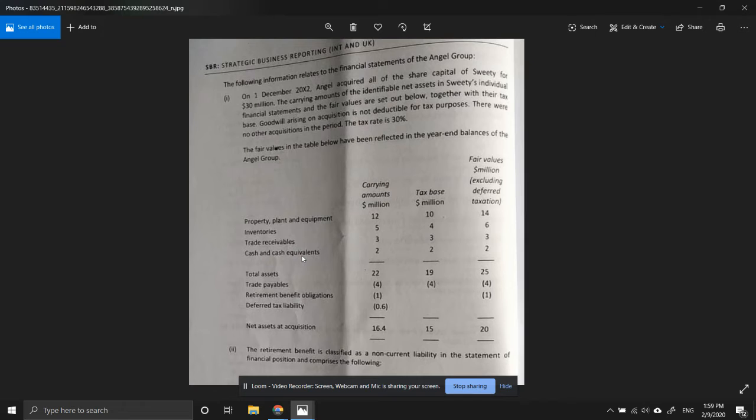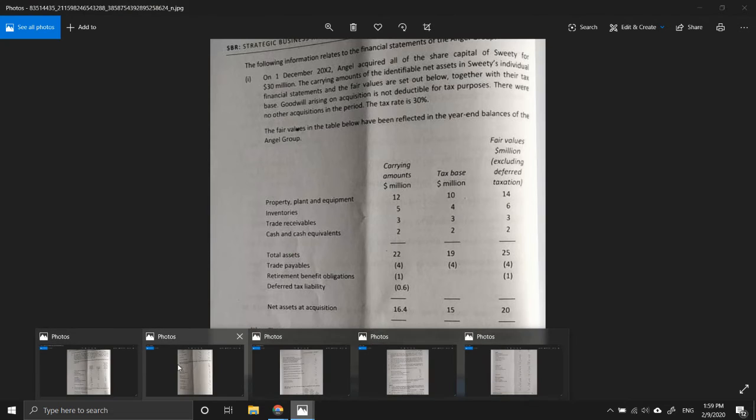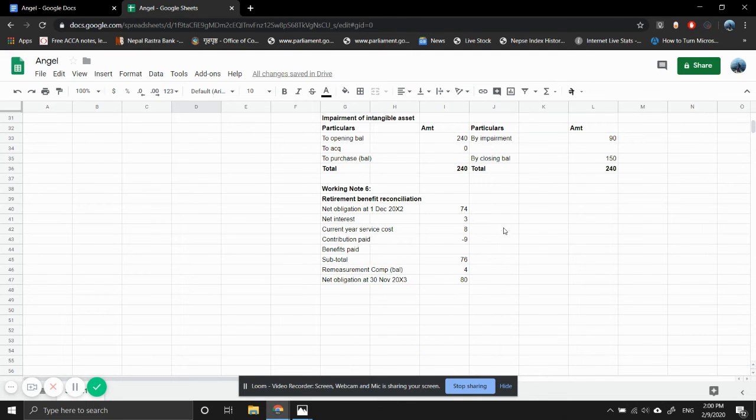On 1st December. Okay. So over here, as per this, what's our actual expense? This was 11, right? Whereas this figure included the amount for Sweetie, 1, right? So how much was only charged in its individual statement was this figure minus this figure, right? Because they are not going to charge it for Sweetie because it's a subsidiary company.